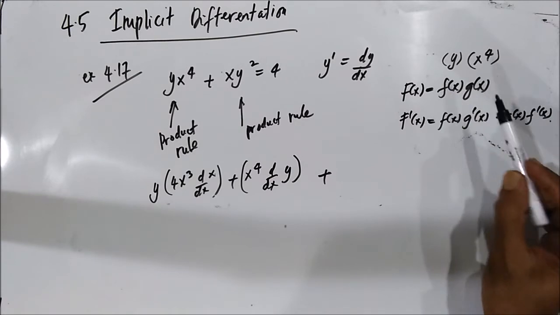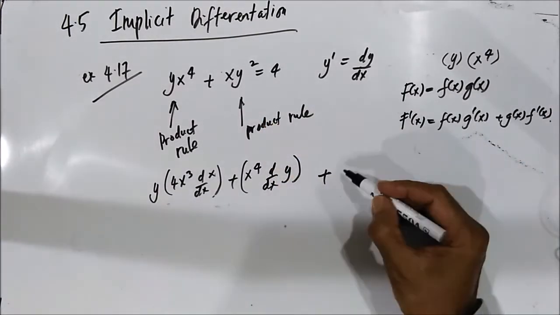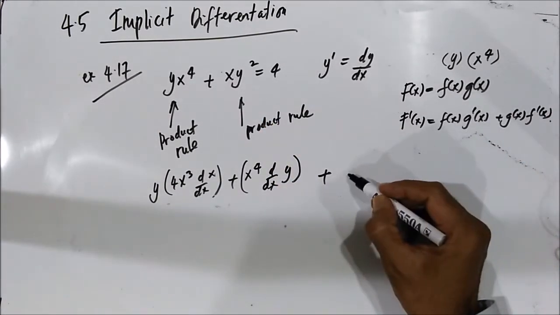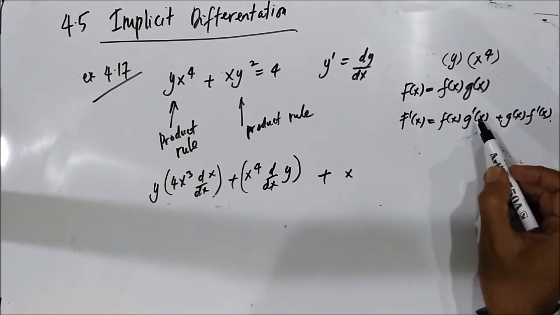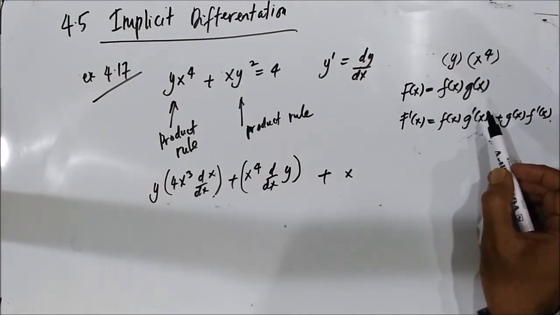Plus, now if you solve this one, your f(x) is x. By this formula, f(x) is x, and then your g(x) is y squared.